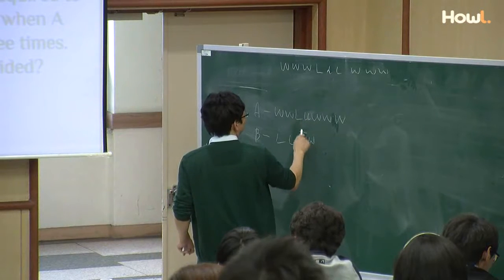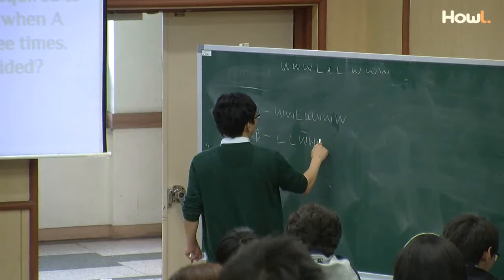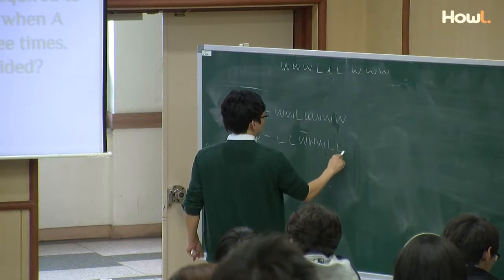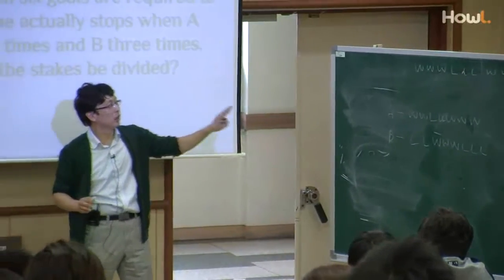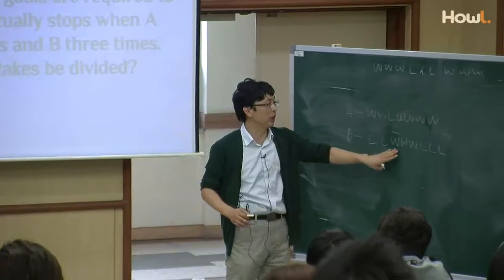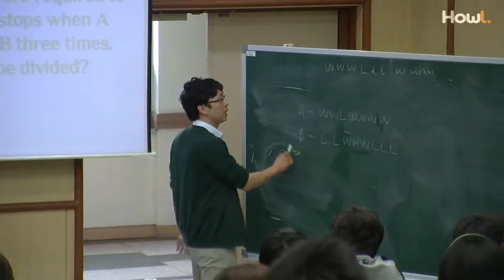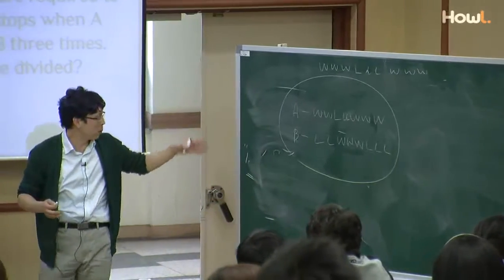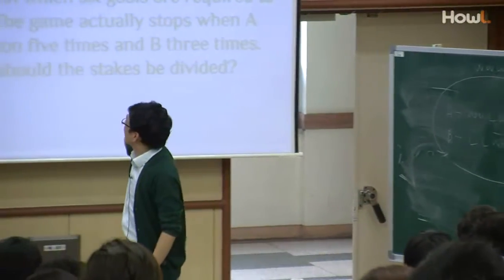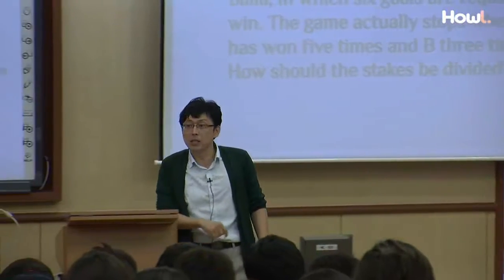That is the case: A has won 5 times, B has won 3 times, in the same game. So now we have to stop the game.